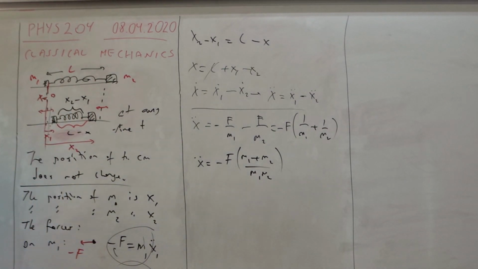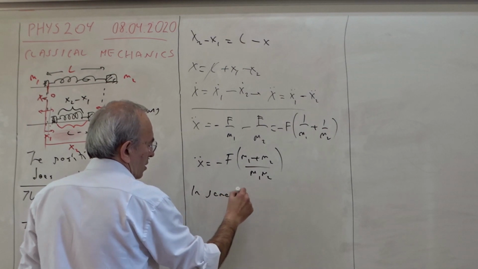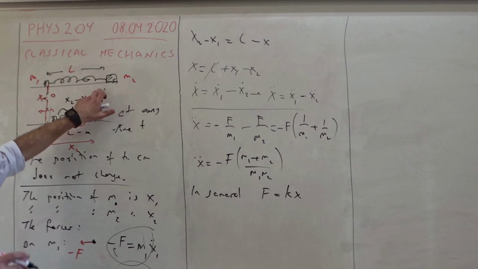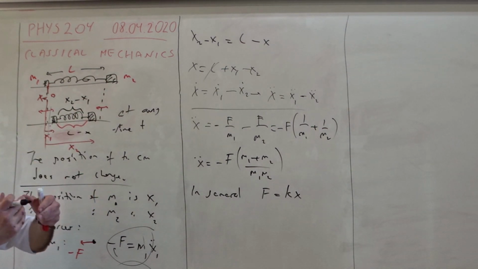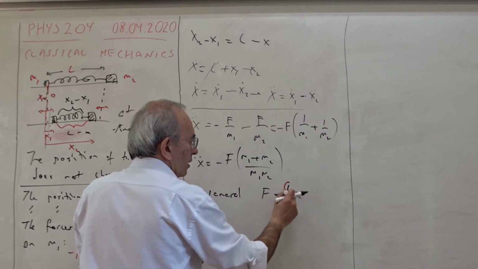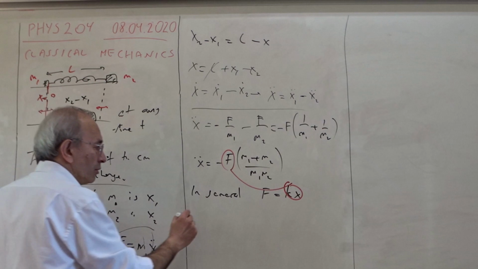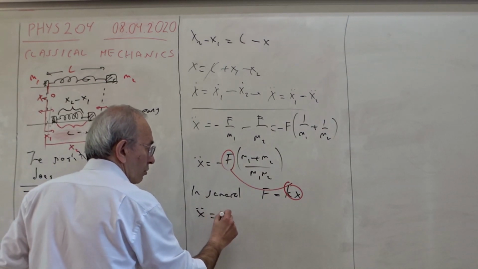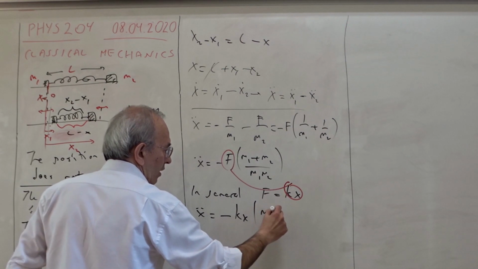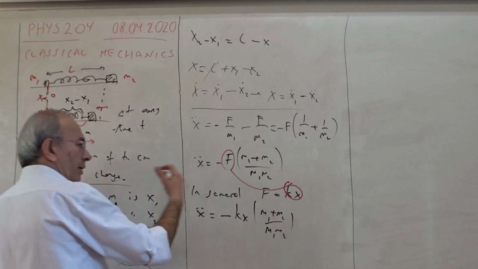But what is f? In general, f is equal to k times x, because this x represents the total amount of compression. So instead of f, we can write kx. Therefore, x double dot is equal to minus kx times this term, the sum of the masses m1 plus m2 divided by the product. Take it to the left-hand side.